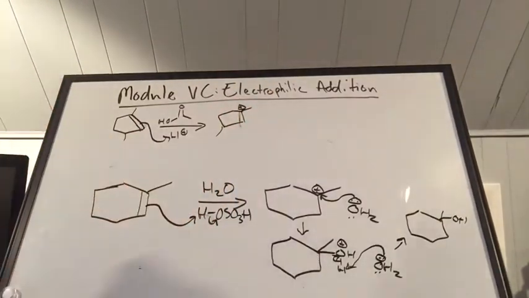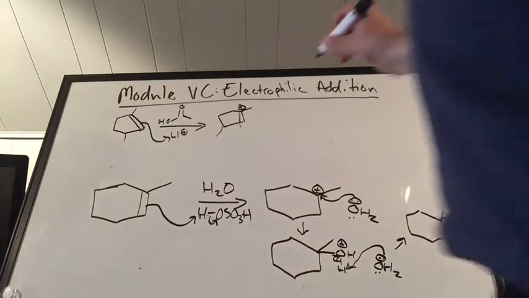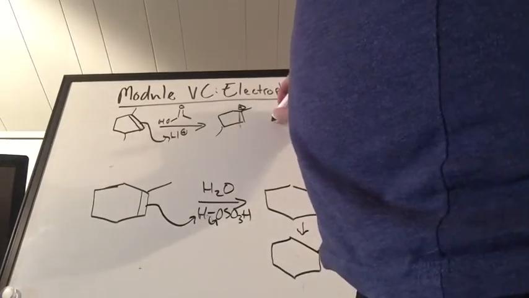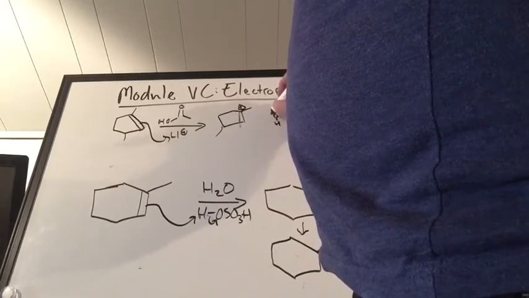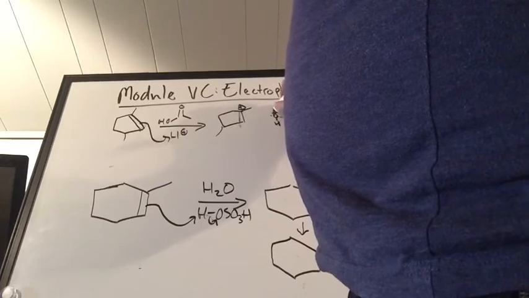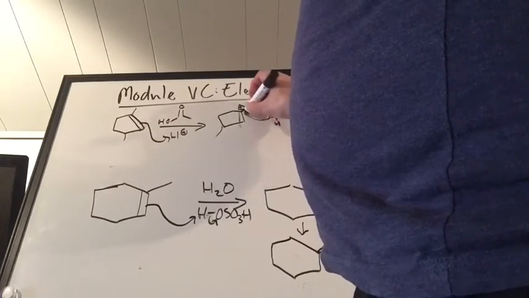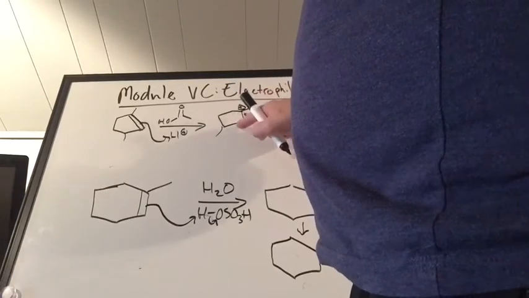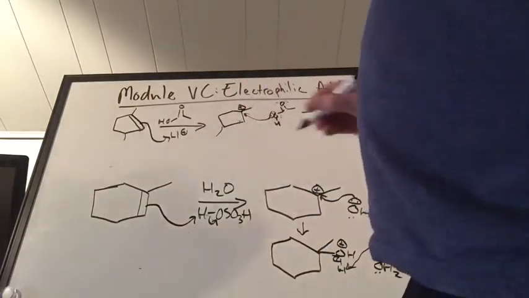Okay, so once again, a tertiary carbocation. And then acetic acid is going to be a poor nuke, but a nuke nonetheless. It's going to coordinate there. Sorry, this should not be a double bond, it's a single bond.